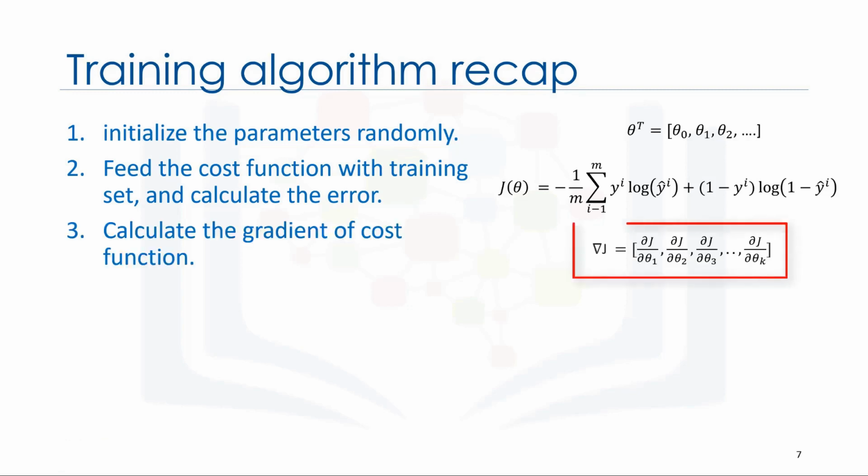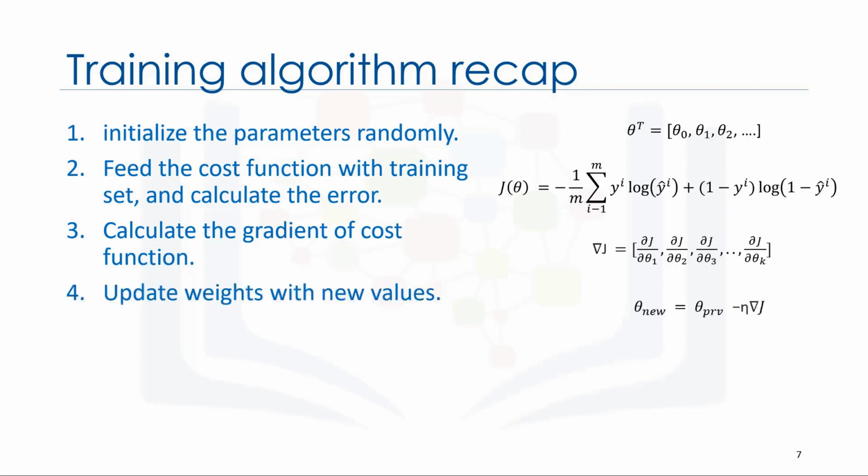We calculate the gradient of the cost function, keeping in mind that we have to use a partial derivative. So, to calculate the gradient vector, we need all the training data to feed the equation for each parameter. Of course, this is an expensive part of the algorithm, but there are some solutions for this.